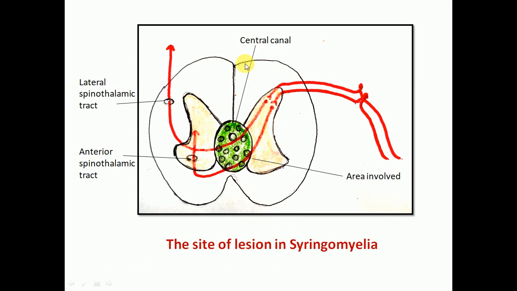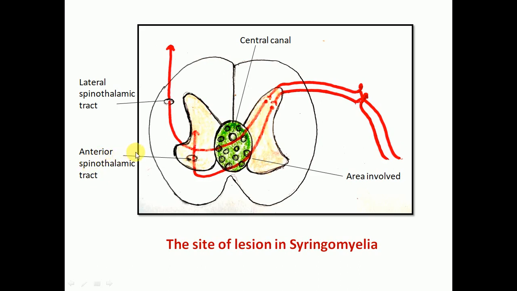Next to this, syringomyelia. Around the central canal of the spinal cord, the grey and white commissure are also involved. So this is the area of involvement in syringomyelia. Here there is an elongation of the cavity of the central canal of the spinal cord. So what tracts can be involved? Here the crossed as well as uncrossed anterior and lateral spinothalamic tracts can be involved.